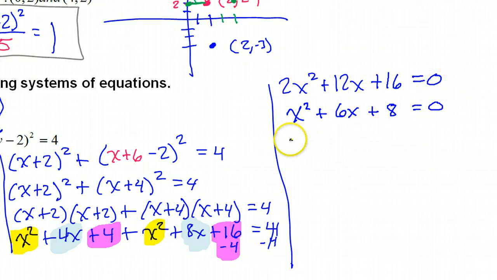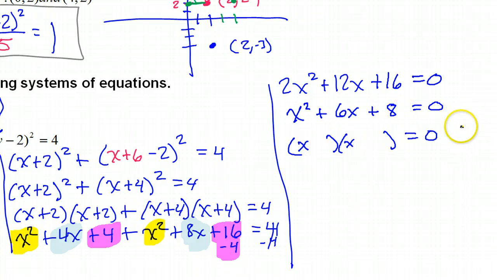Now, hopefully this will factor. X squared is x times x. 8 could be either 2 times 4 or 1 times 8. Let's go with 2 times 4. Inner, that gives me 2x. Outer, that gives me 4x.